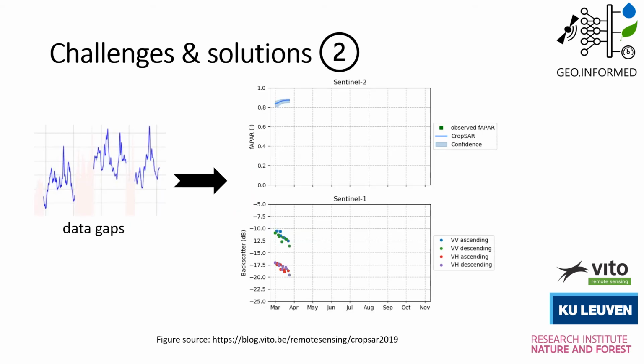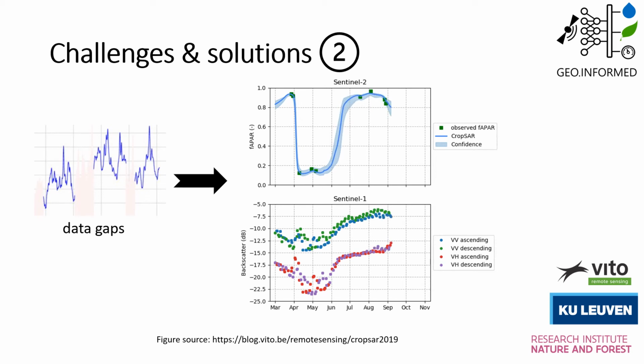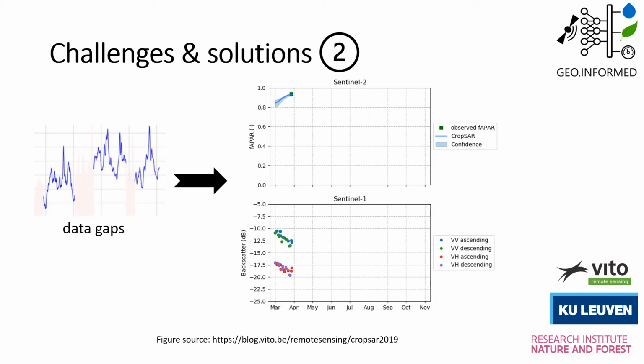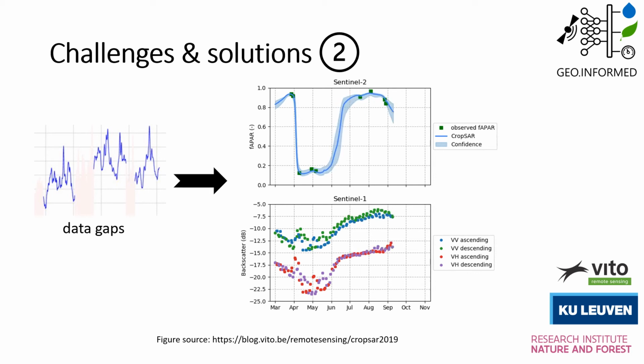The second challenge is the presence of data gaps in the optical Sentinel-2 time series. Deep learning works best when the input series are identical for each location and each date. We can use the CropSAR deep learning-based algorithm developed by Vito to fill the gaps in the optical Sentinel-2 imagery with data from the radar Sentinel-1 mission.